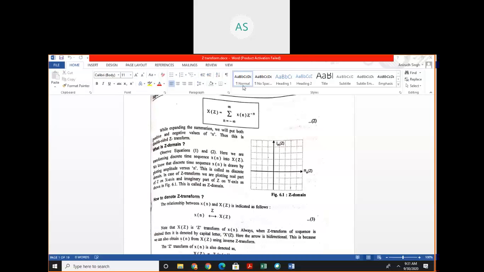So to analyze signals, we use the Fourier transform. The Laplace transform is used for analysis of continuous time signals and systems. Similarly, the Z transform is used for analysis of discrete time systems.